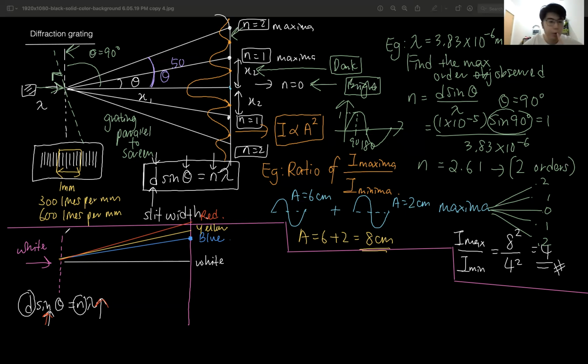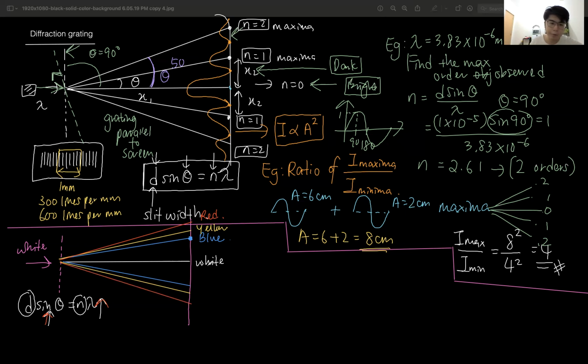But this one is by the diffraction and interference of light. Different phenomena, but same result. So same down here: the closest would be blue, then yellow, then we have red here.